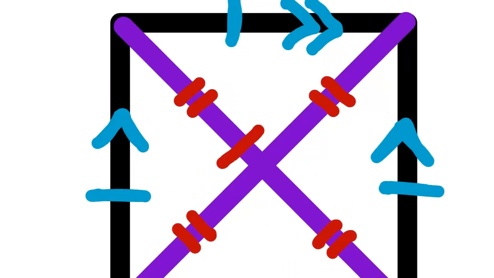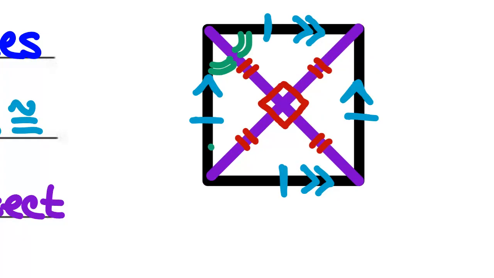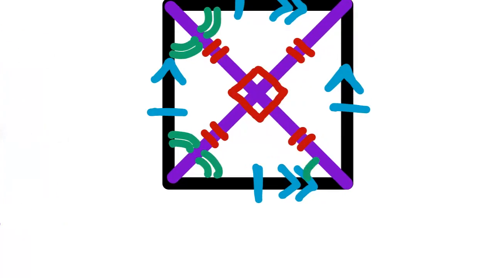They're perpendicular to each other, which means right here at the center we have 4 right angles. And then each of my corners is being cut in half. But because I have 4 right angles, that means all of these little half angles here are 45 degrees.